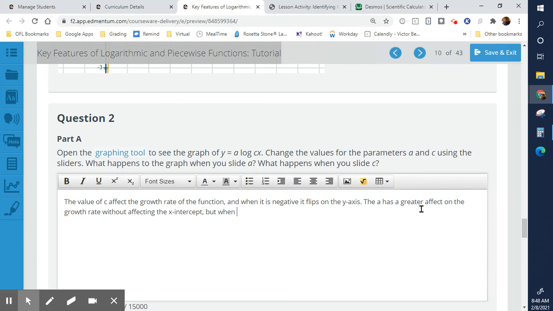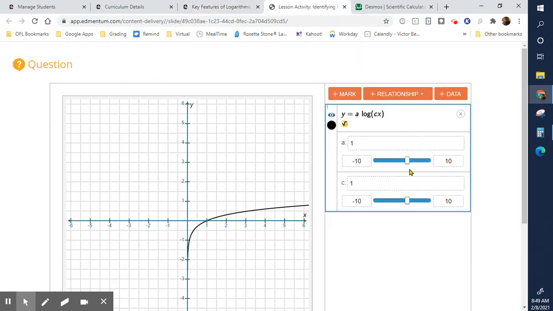But when it is negative, it flips on the x-axis. So when it's negative, it flips on the x-axis. If you look at the C, it's interesting because the C does affect the x-intercept, but the A, which also affects the growth rate, doesn't.